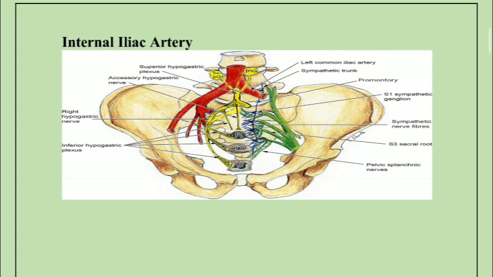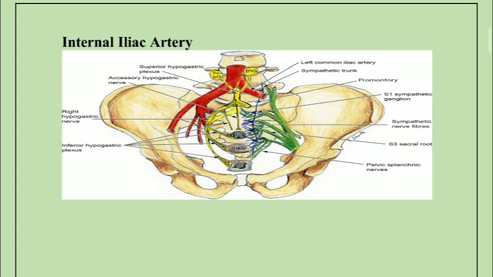You need to know that the internal iliac artery also supplies branches to the gluteal region and the medial regions of the thigh, as well as the perineum. So the internal iliac artery is giving off branches that supply so many regions.